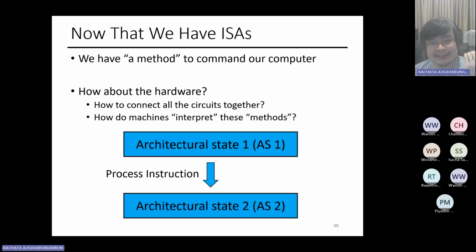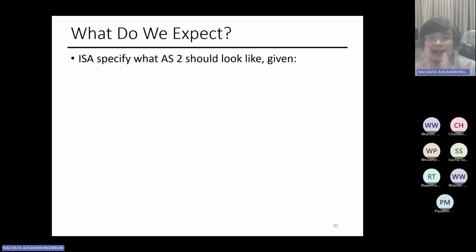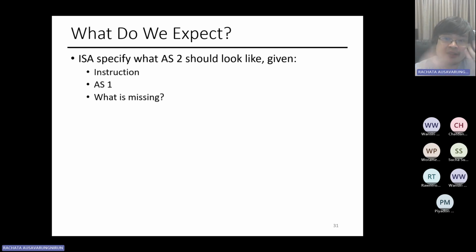The command tells what AS2 will look like. For example, if the command is adding two numbers, AS2 should show the results of your addition. So the ISA specifies what AS2 looks like given the instruction and original state.